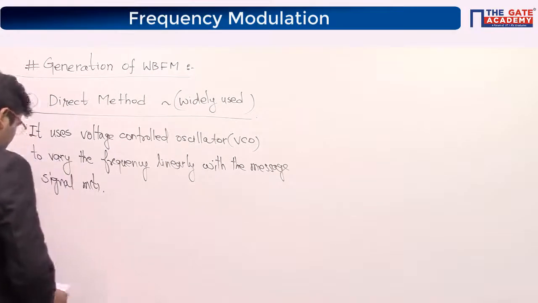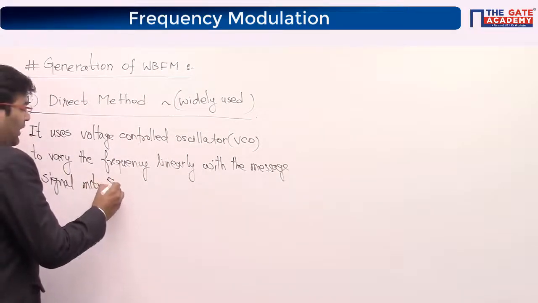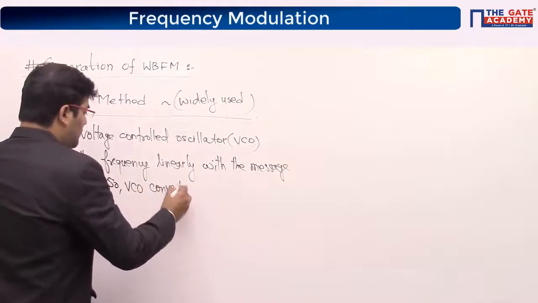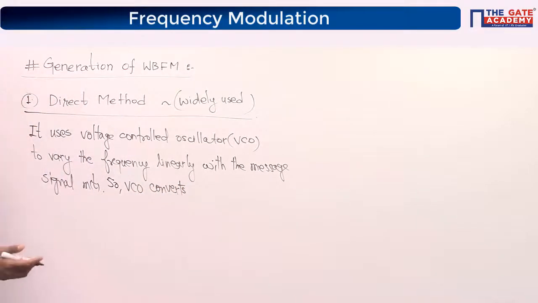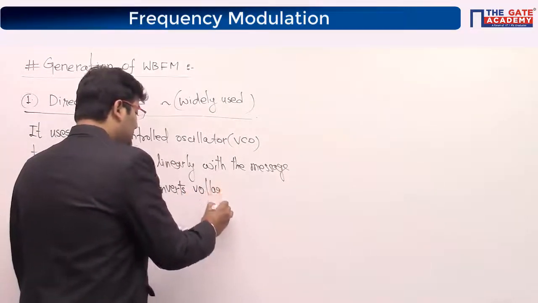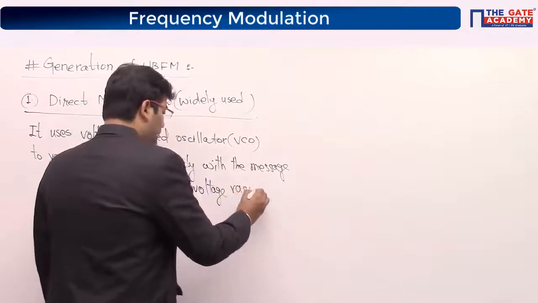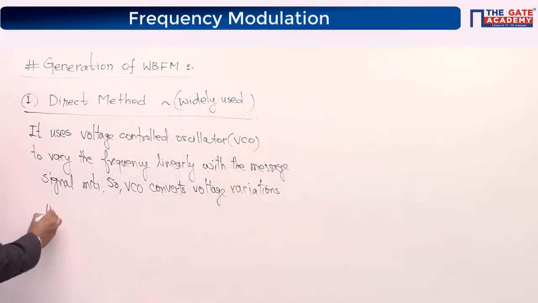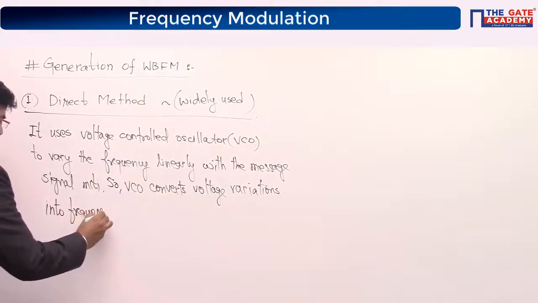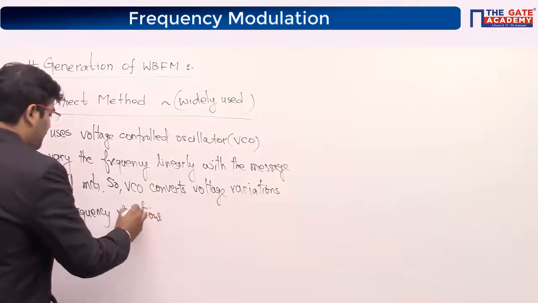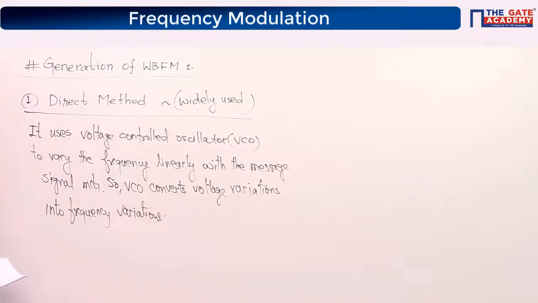VCO converts, and anyway it is controlled by voltage as the name suggests, voltage variations into frequency variation. So please write it down.